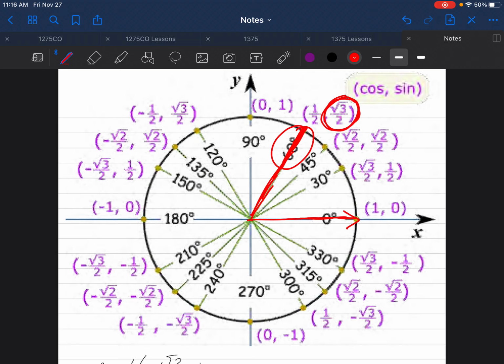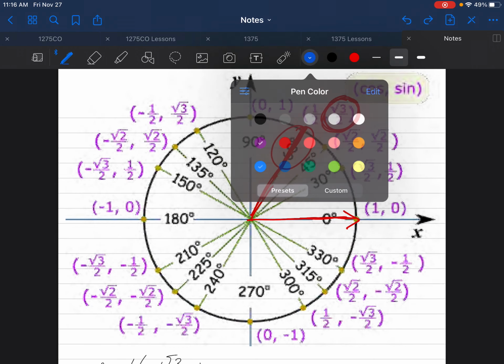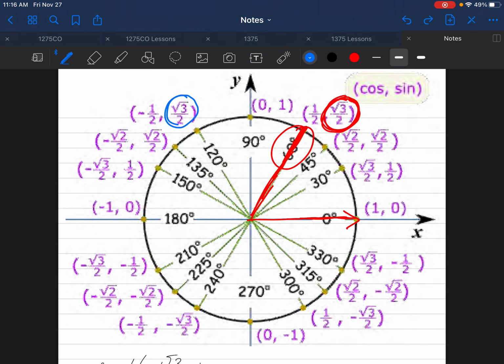Now, is there another place on the unit circle that has a y value of exactly radical 3 over 2? Right over here we see an x value of that same number. Over here we see a y value, but that's negative. If we go over to the second quadrant, let's do this in a separate color, we can see that a y value of positive radical 3 over 2 exists over here at 120 degrees.